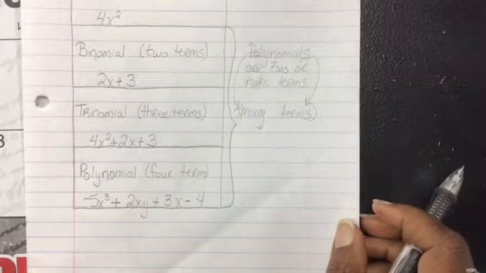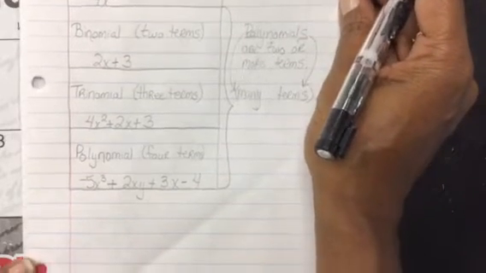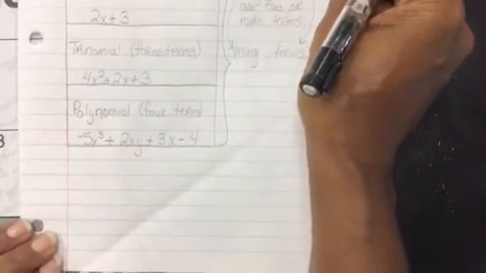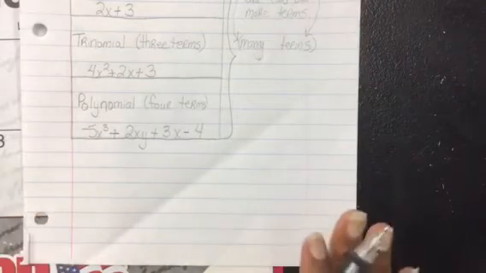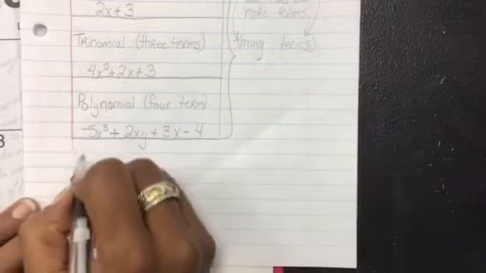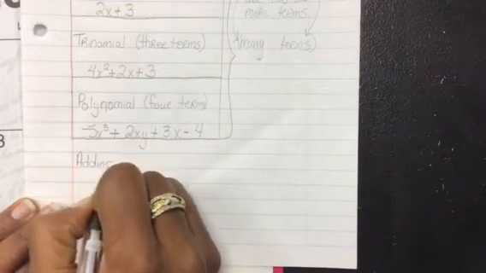Now let's look at adding polynomials and subtracting polynomials. So basically we're looking at like terms and finding like terms, identifying like terms, and combining those like terms. So first let's look at adding polynomials.